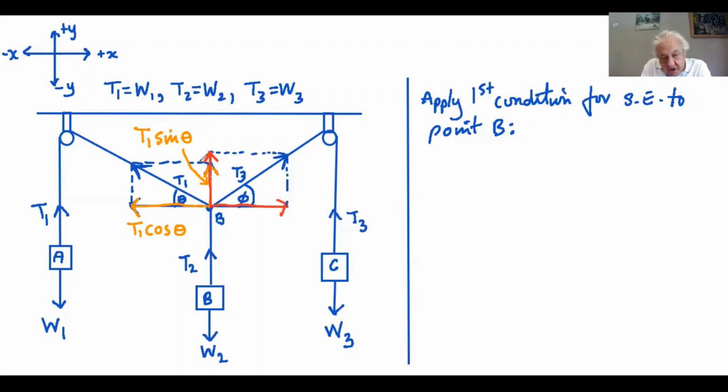Again, the tails join, the arrows point away from each other. So this one now is T3 sine phi. The adjacent, T3 cos phi. So the sum of the x forces and the sum of the y forces must equal 0.